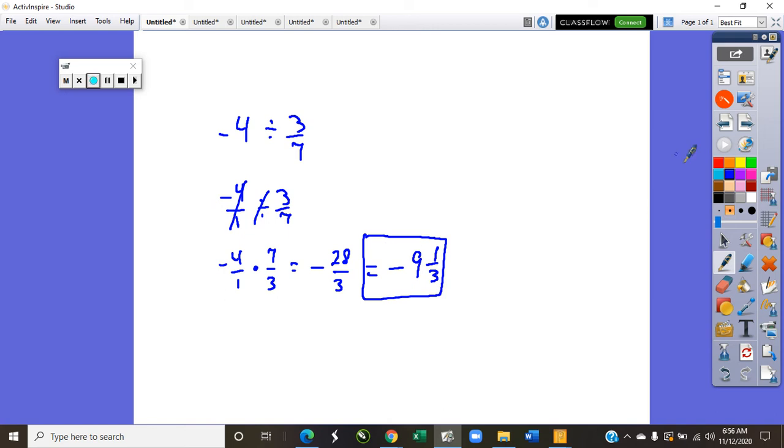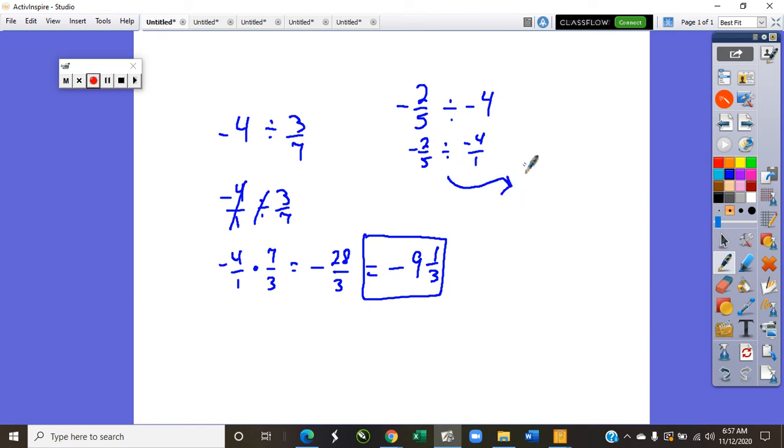Now, what if I have one where the integer is on the other side? Let's say I had negative 2/5 divided by negative 4. Well, I'm going to do the same thing. I'm going to do negative 2/5 divided by, change this to a fraction, negative 4 over 1.